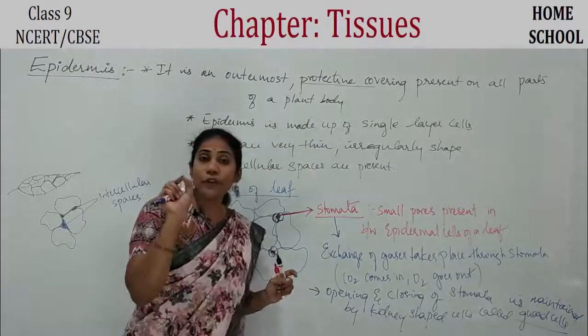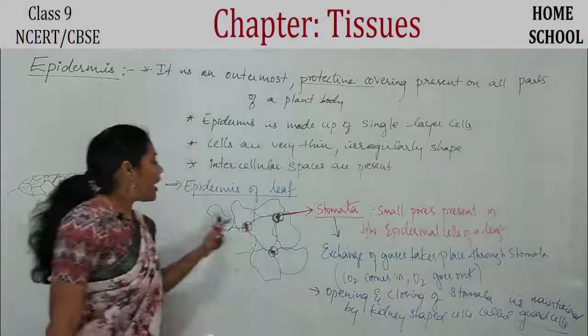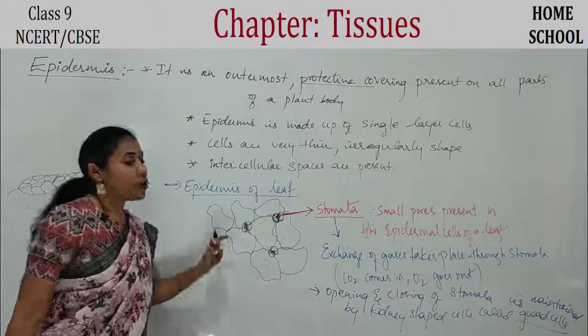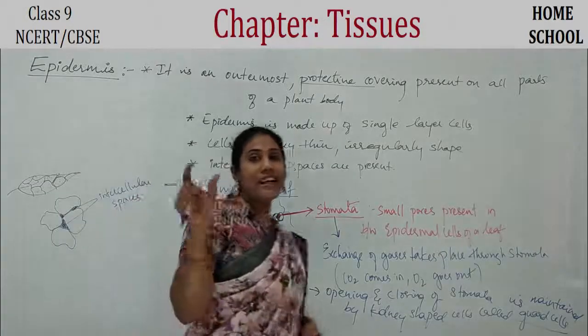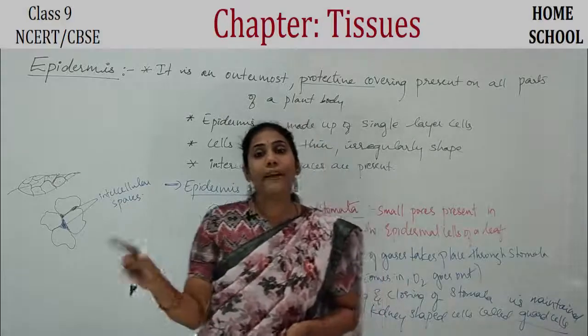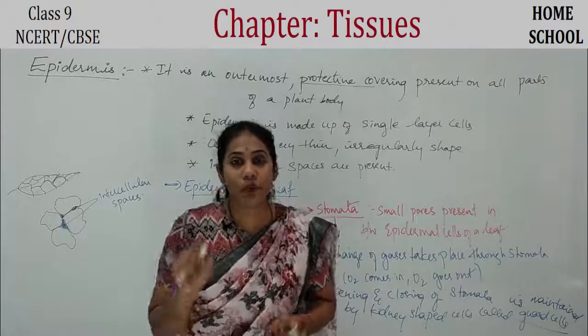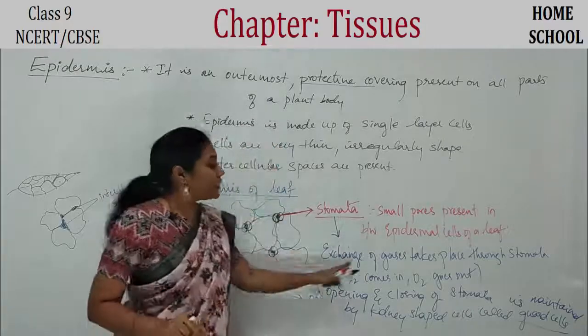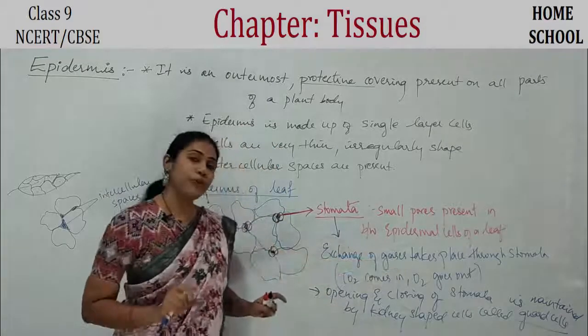Yeah. So where do you find the stomata, guys? It is found in the epidermis of a leaf. Leaf has a covering, right, which we call epidermis. So in the epidermis you will find that stomata. So what is the main use of stomata? Exchange of gases takes place through stomata.